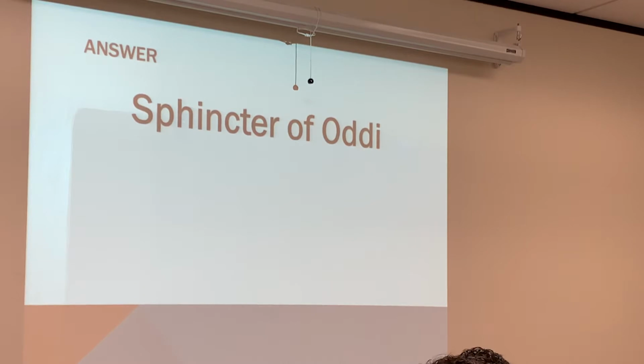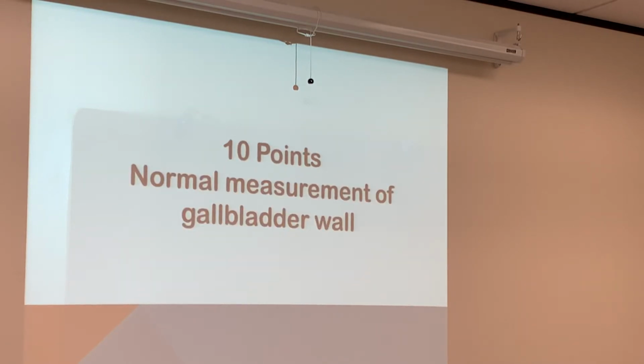Sphincter means closing and opening. It surrounds the ampulla of Vater, and this is what is reactive to the cholecystectomy. It relaxes the ampulla of Vater so bile can travel through.